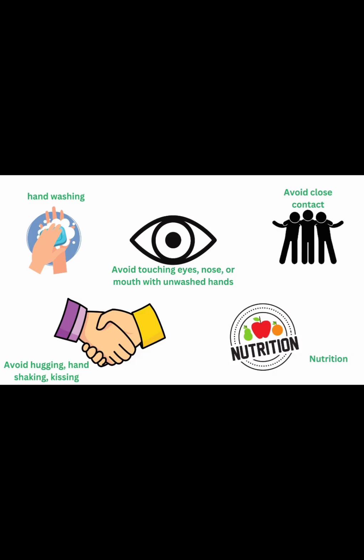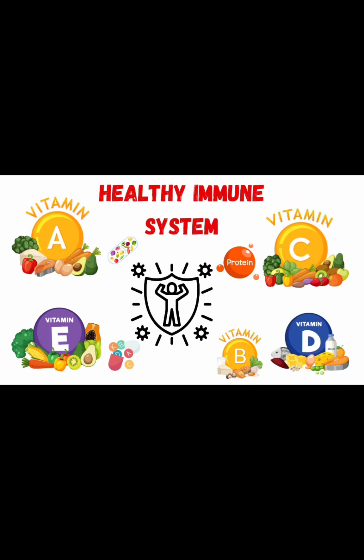And then we're going to talk about good, healthy eating habits and your overall well-being. Get the proper amount of sleep, because you want to make sure your immune system is as strong as it can be. Get the proper amount of sleep, eat well, and keep physically fit. There is a really strong connection between the immune system and your nutrition.